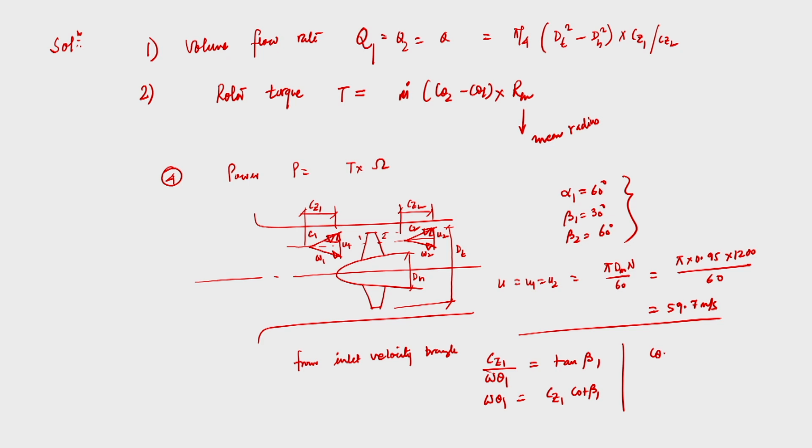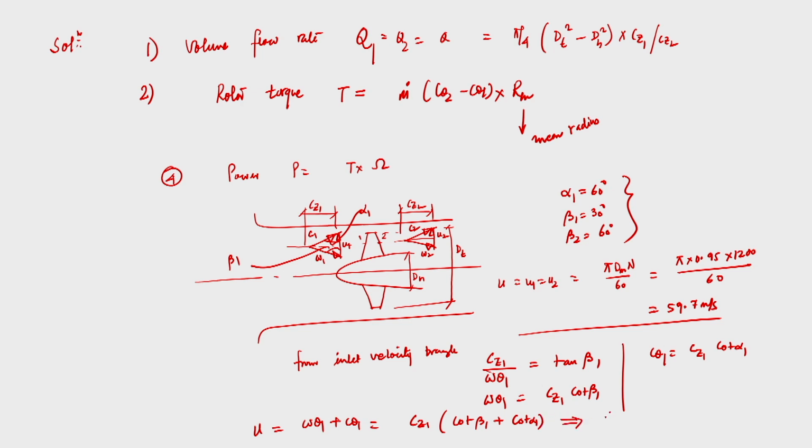Similarly, we can obtain C theta 1 is equal to Cz1 cot alpha 1. This angle is beta 1 and this angle is alpha 1. So, from the inlet velocity triangle we obtain W theta 1 is equal to Cz1 cot beta 1 and C theta 1 is equal to Cz1 cot alpha 1. So, what will be the total blade speed U? U will be equal to W theta 1 plus C theta 1 from the inlet velocity triangle, that is equal to Cz1 into cot beta 1 plus cot alpha 1, right.